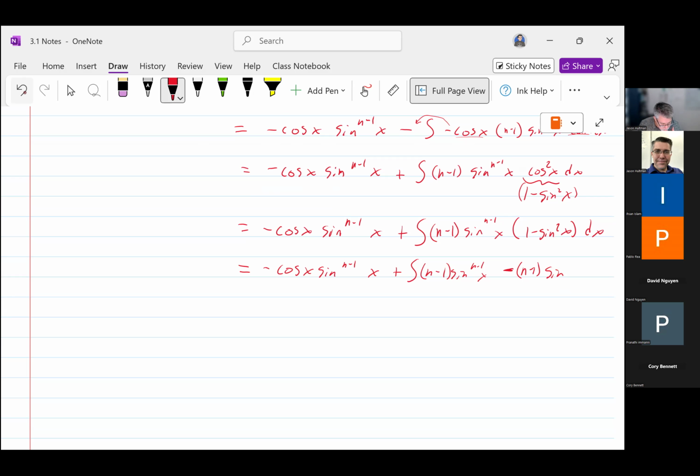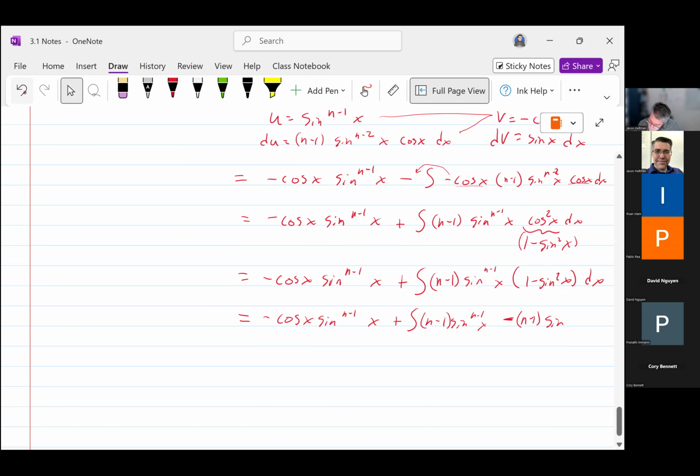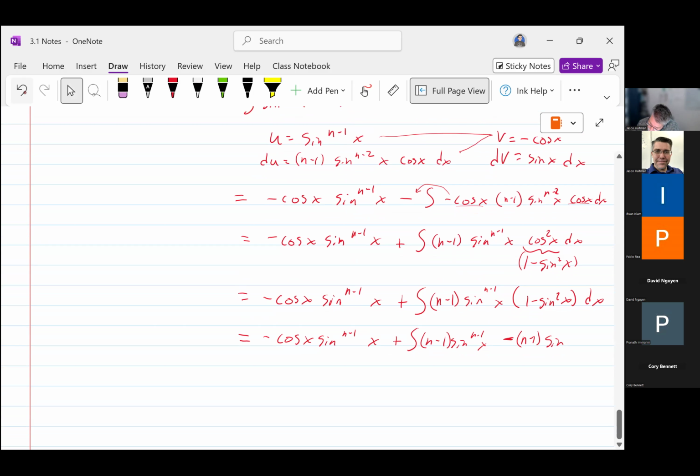Oops, did I mess up? Oh, I'm sorry, this should be n minus 2. I don't know why I keep putting n minus 1. This is n minus 2. My bad. Okay, that was an n minus 2. So when I distribute the n minus 2 over the 2, those are going to add, and that's just going to become sine to the power of n. And then we have our dx.